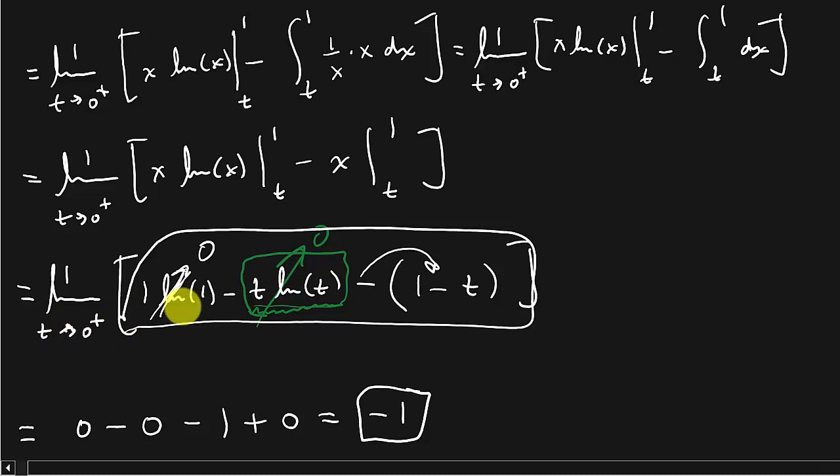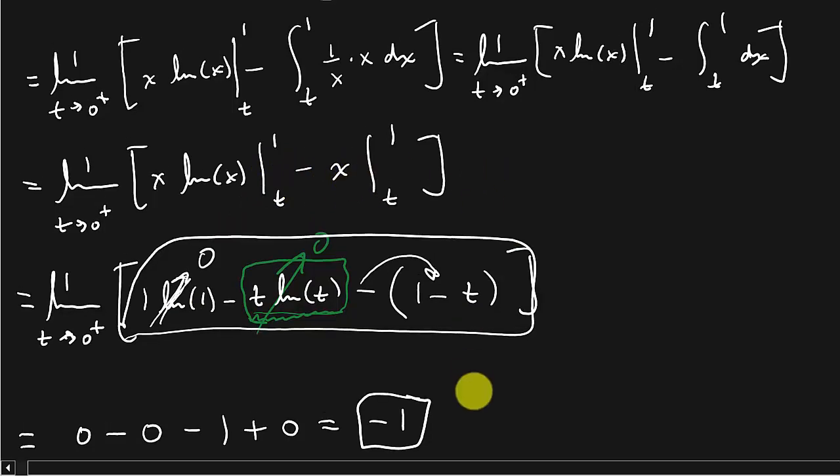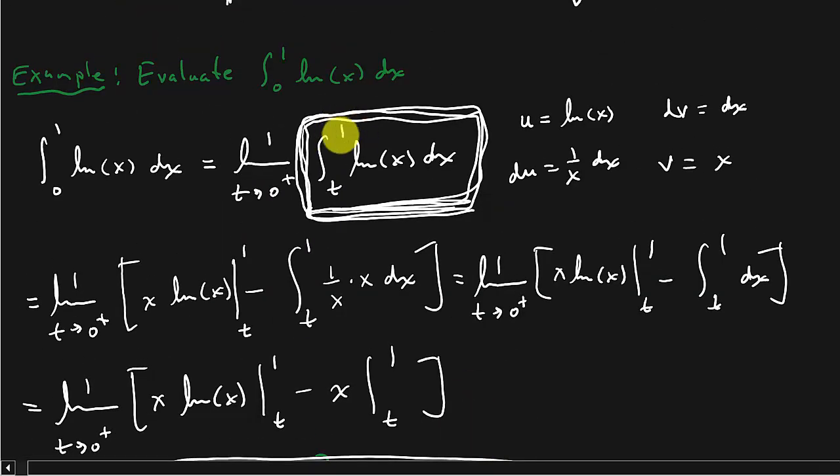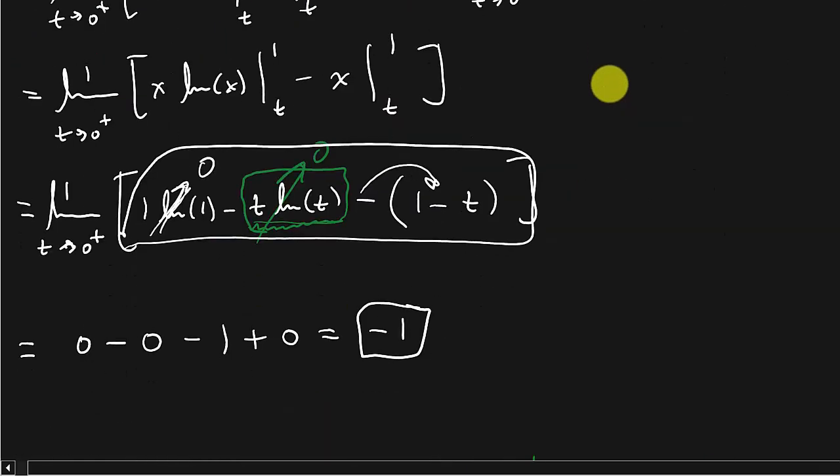That's all it is. It's like until you get finished integrating and plugging your limits into the integral. And when I say that, I mean plugging in the 1 and the t and getting to this point. This limit is just tagging along for the ride, and then you just take the limit of it.